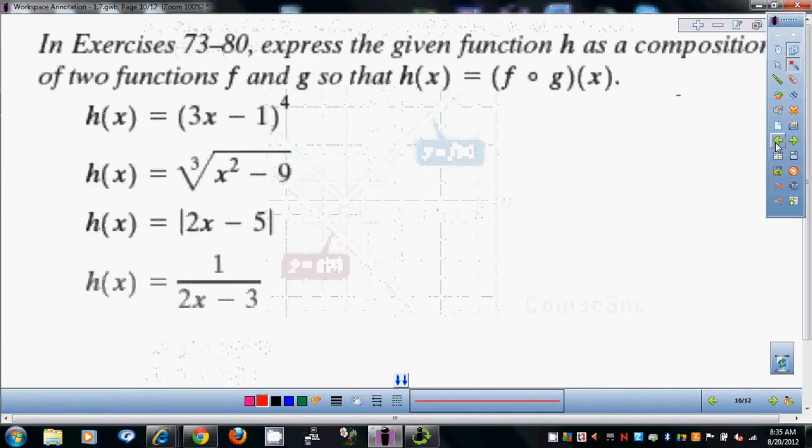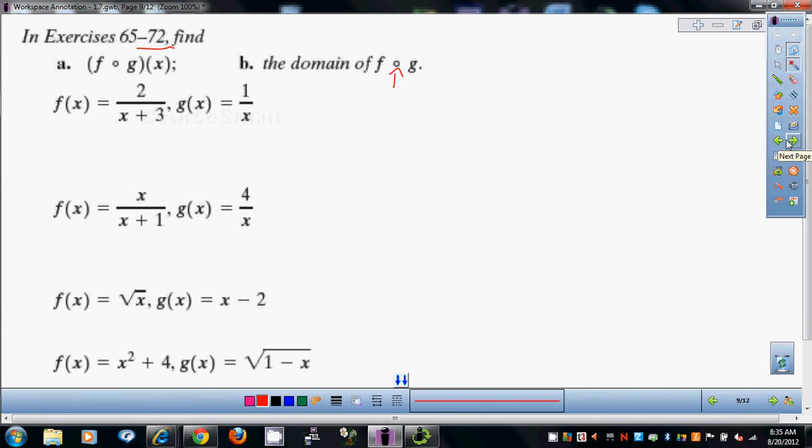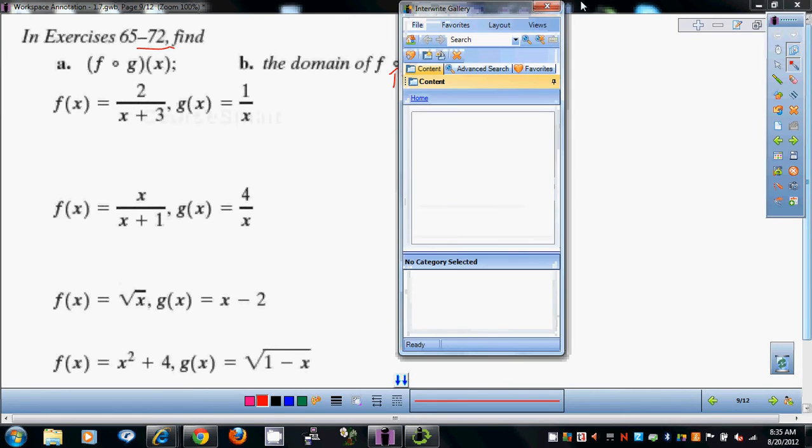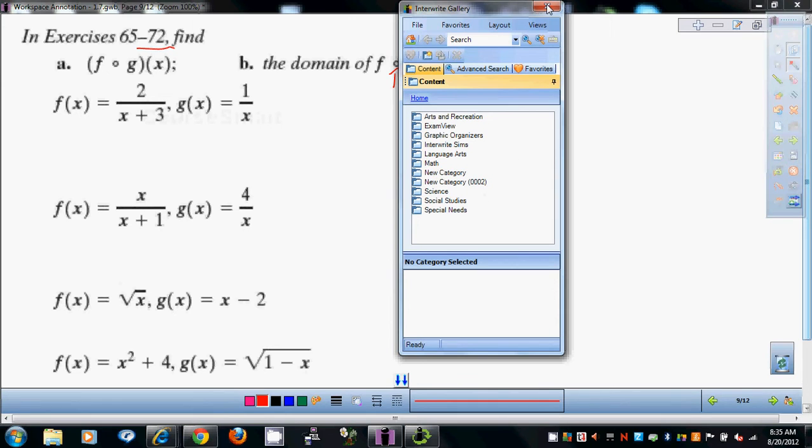Oh, we can finish this. This isn't that bad. Are there any questions from what you see right here on the screen? Same exact stuff we were doing, except find the domain when you're done. Oh, dang it. I just need to take that little icon off my desktop. Go away.